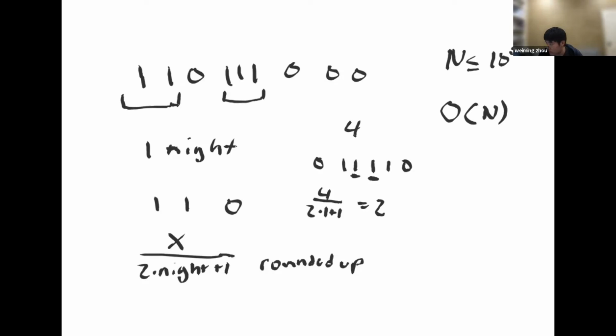So be careful about that, especially the cases, quite literally edge cases, where it's the cows that are on the very edge. And there's also a case where they're all zeros, and you have to be careful not to accidentally runtime error or something, since there aren't any clumps at all.